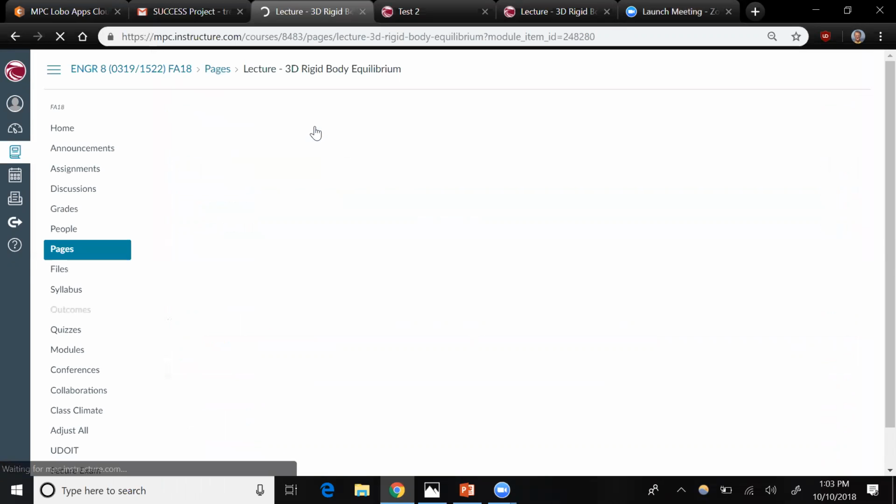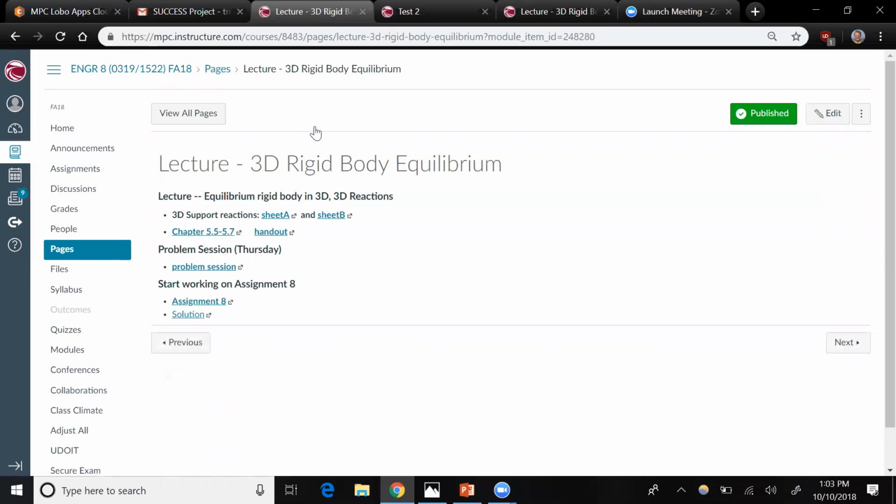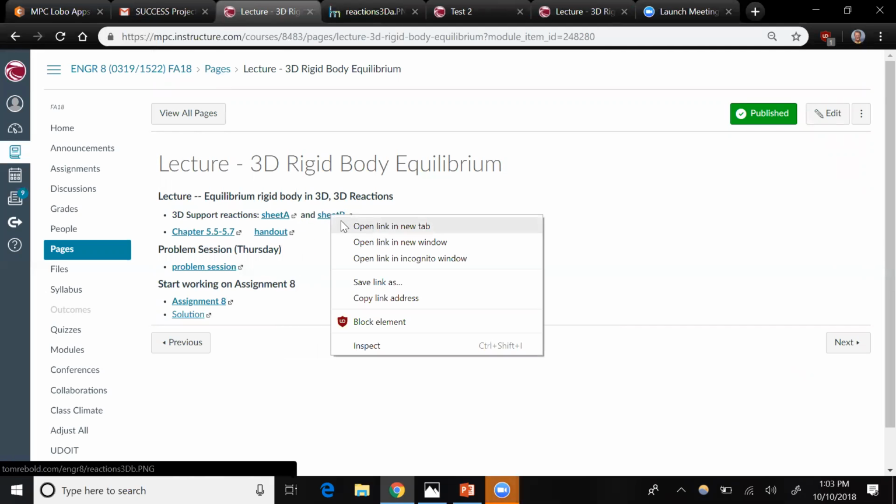So this week we're wrapping up chapter 5 by looking at 3D problems, equilibrium problems with rigid bodies. And just to start off, this is where the supports get a little more complicated.